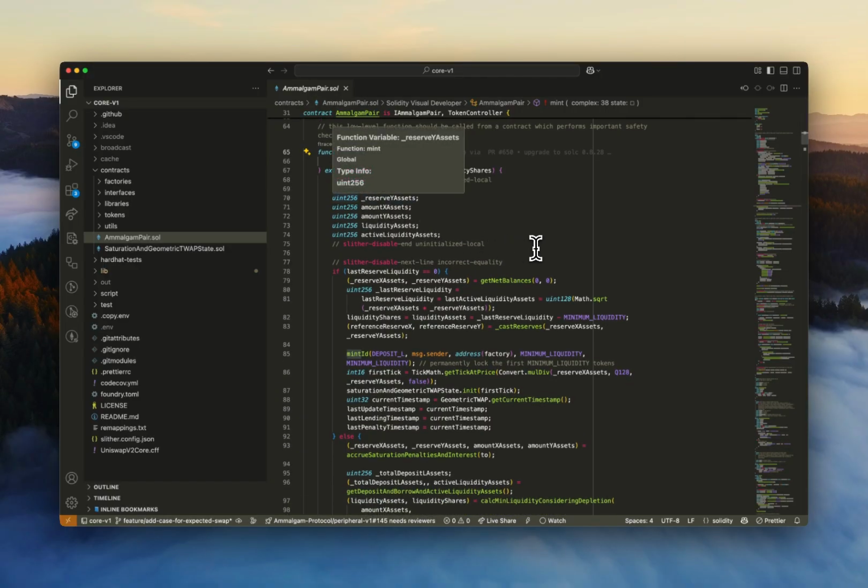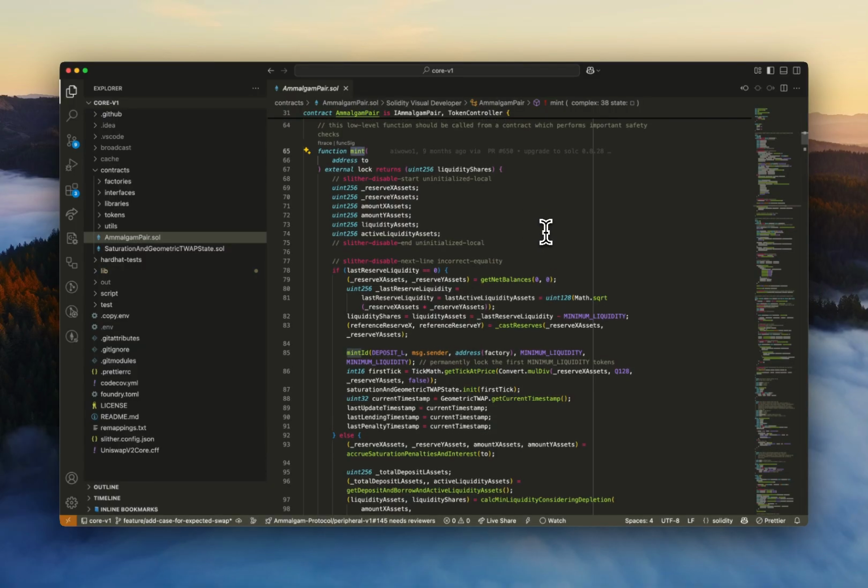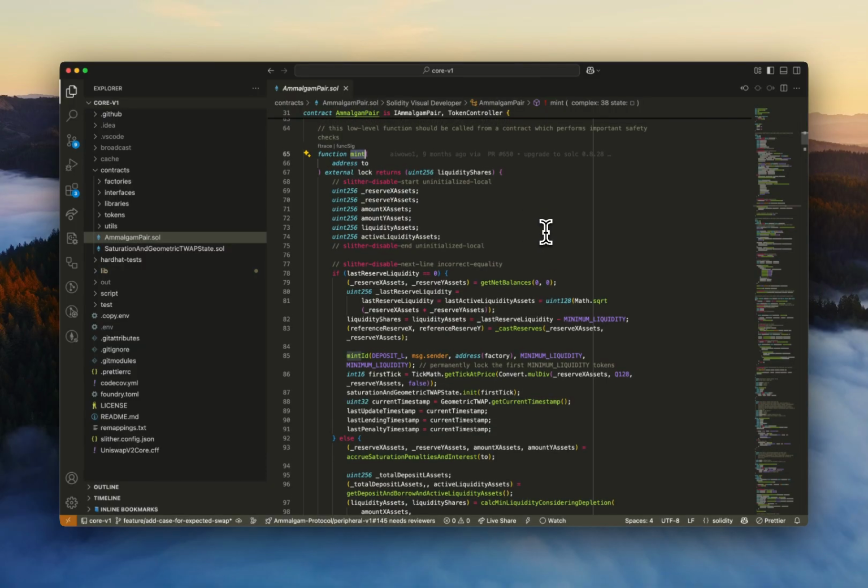One thing, all of our deposits and minting involve the pattern of first sending the tokens to the contract and then calling mint. So we do have peripheral contracts that support that. They're not in scope for this audit, but whenever interacting with a pair, you have to send the tokens first and then call mint, similar to Uniswap v2.